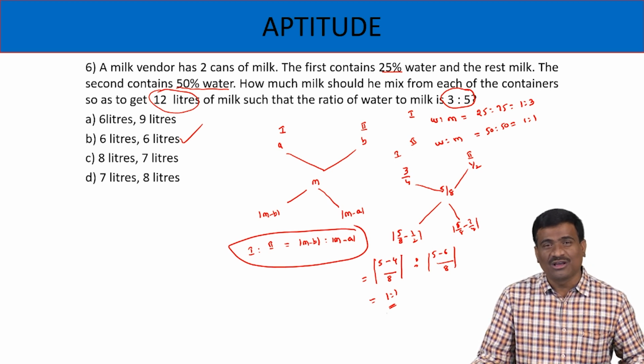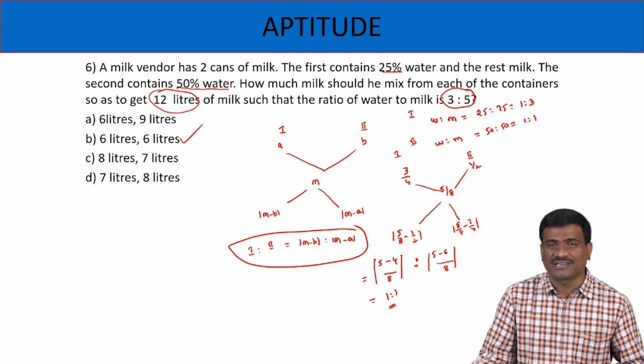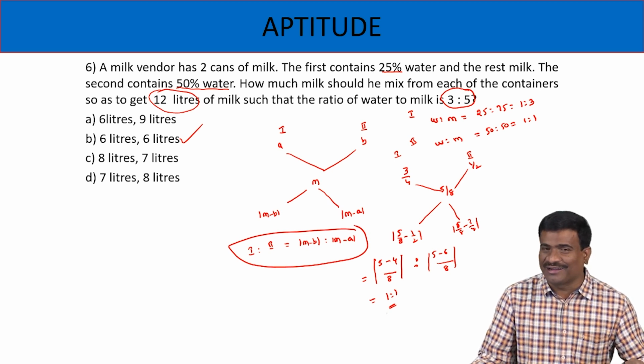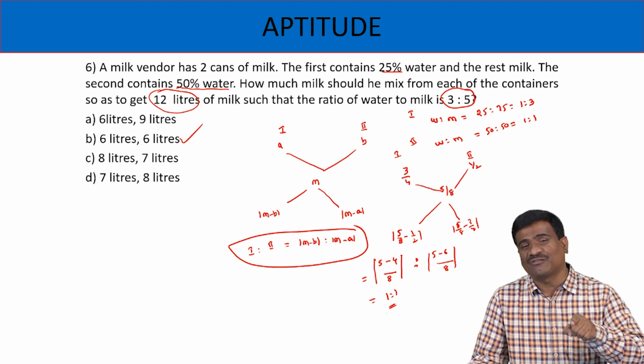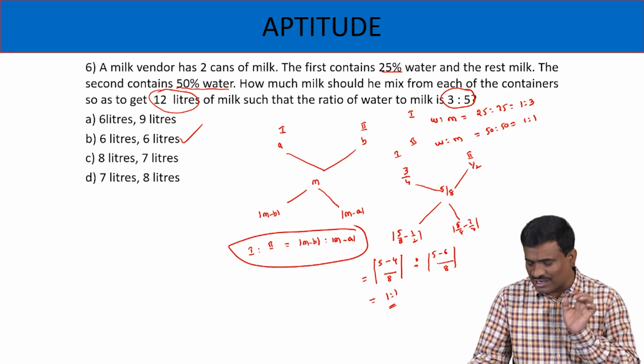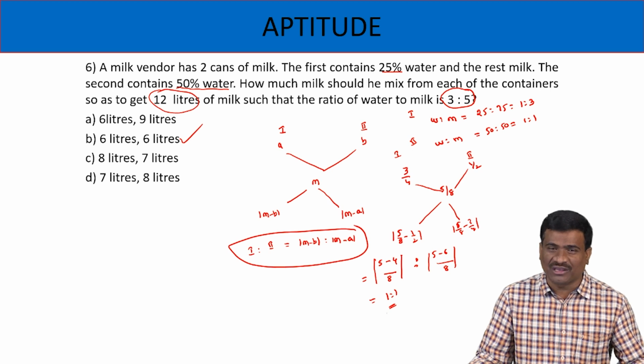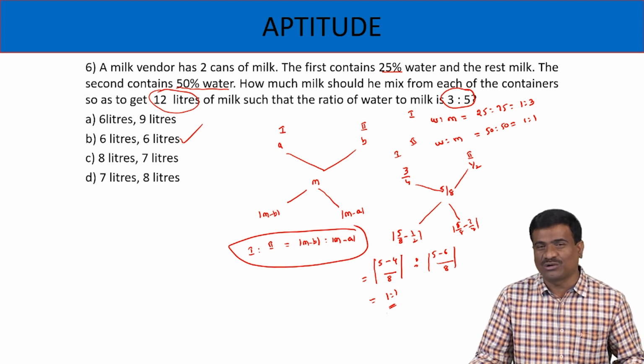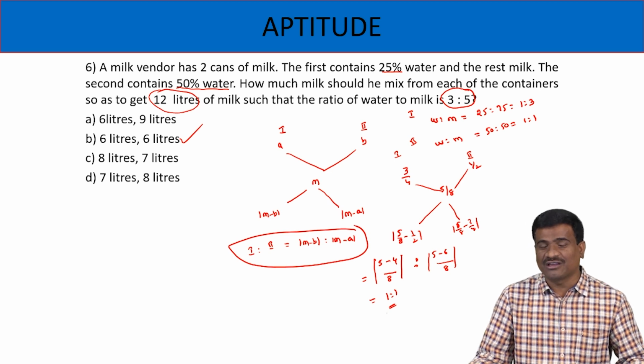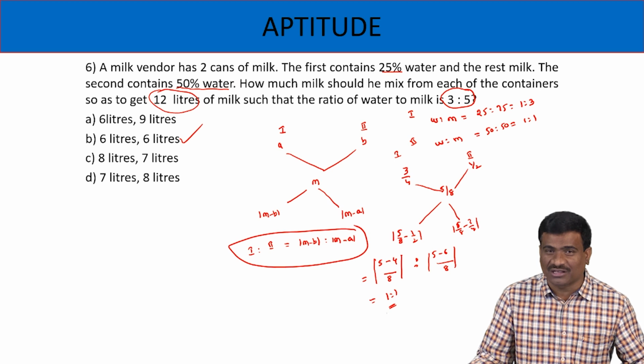We know that the cost price of milk is equal to 1 rupee per liter. Total quantity of milk in the first can is equal to 3 by 4 liters. 1 liter is 1 rupee, so 3 by 4 liters: 3 by 4 into 1 is equal to 3 by 4. Second, the cost price of water.